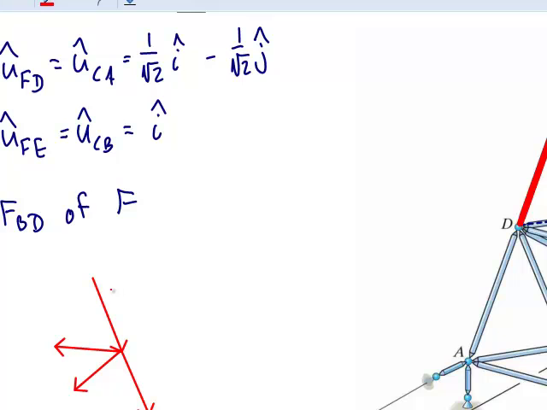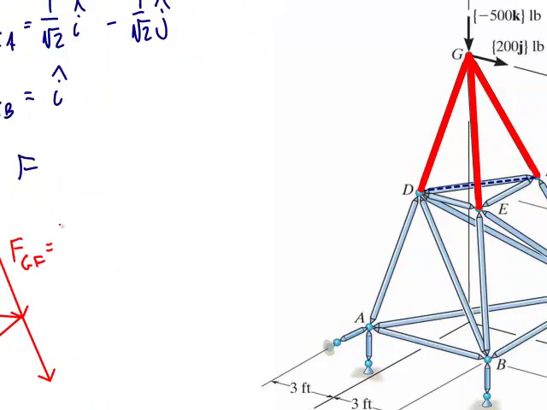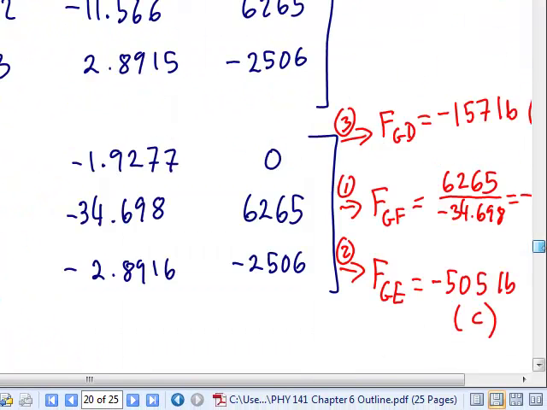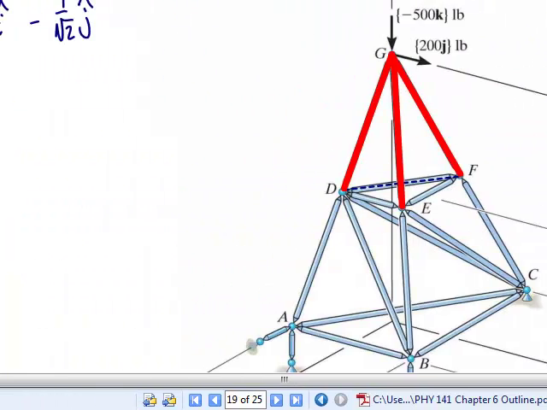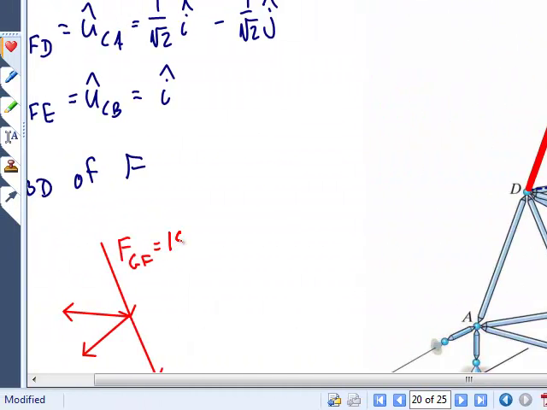So the one that we know here is FGF. And FGF was 180. And FGF the 180? 181 pounds. All right.